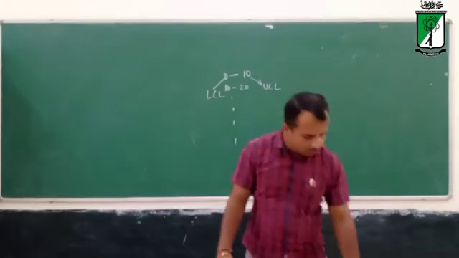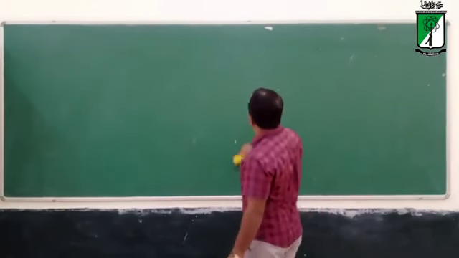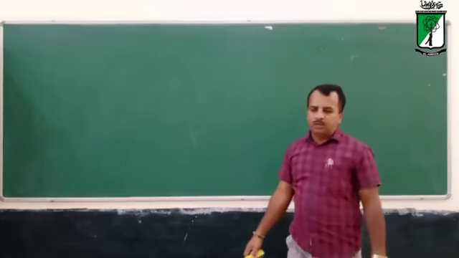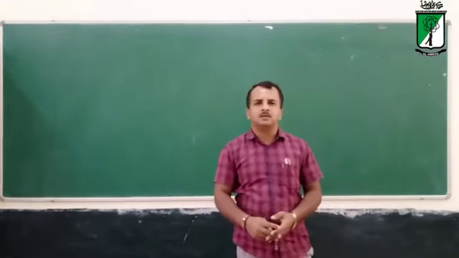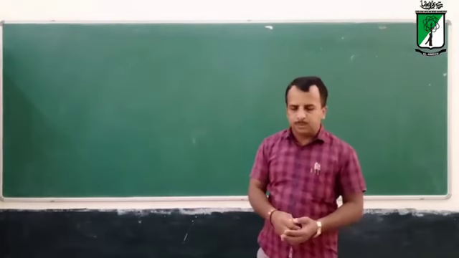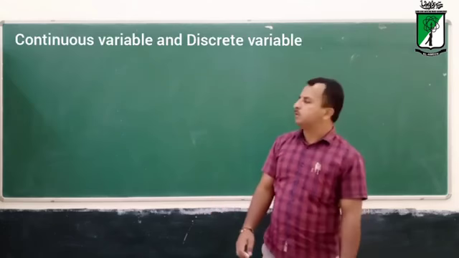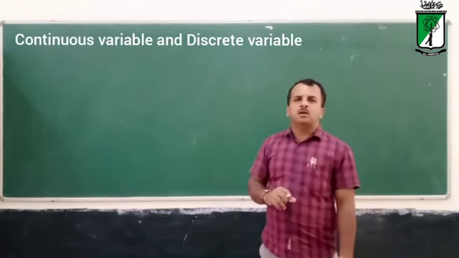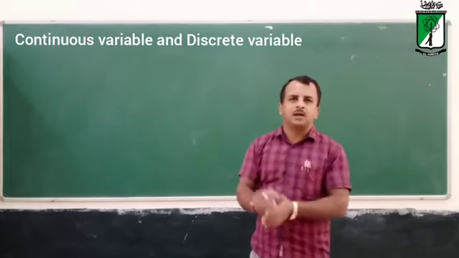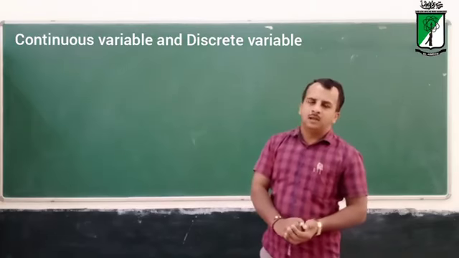When we classify the data, we normally use different classes, with respect to continuous variable and also discrete variable. Under continuous variable, you will find class limits, lower class limit and upper class limit.